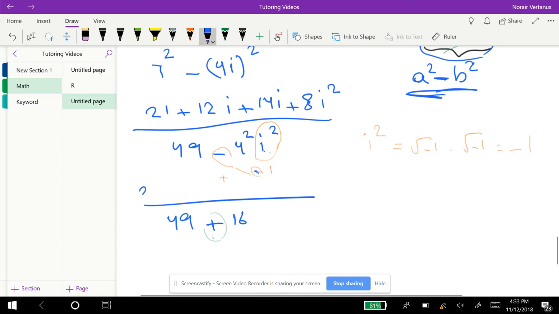And in the numerator, we have 21 plus, these two can be combined, 12i plus 14i is 26i. And then the next one, this is i squared, which is negative 1 again.